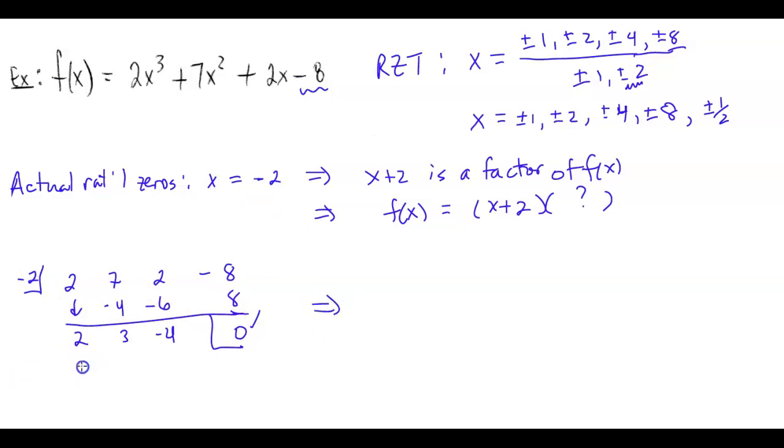But the important thing here is that now we see that our quotient, we have an x squared term, we have an x term, and we have a constant term. Because again, we took a polynomial of degree 3, divided it by a polynomial of degree 1 to get a polynomial of degree 2.